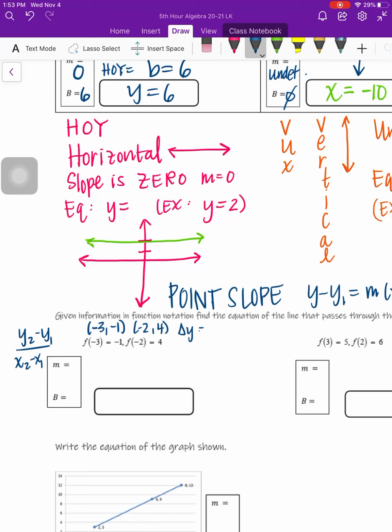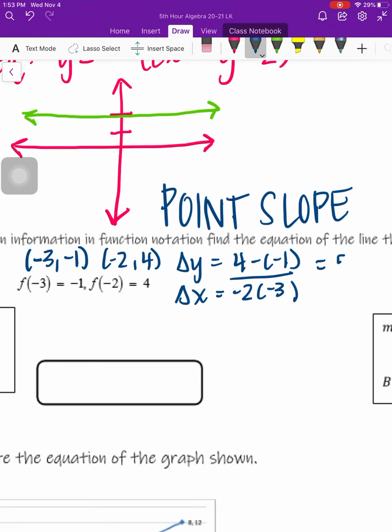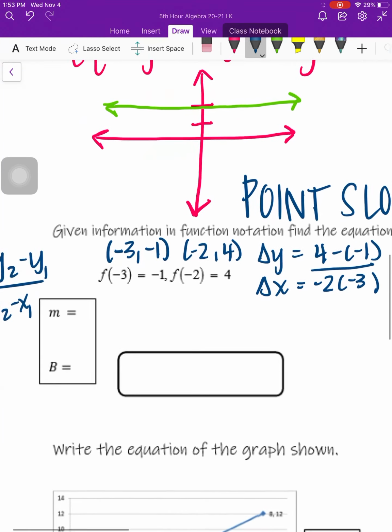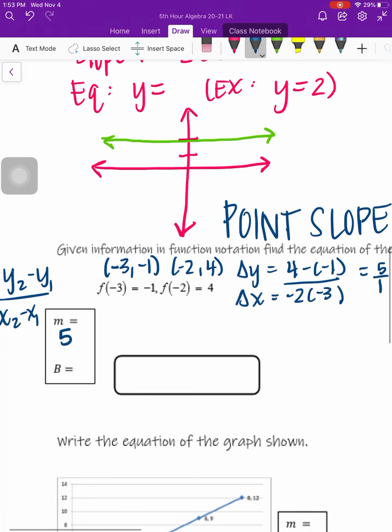And the change in y is 4 minus negative 1. The change in x is negative 2 minus negative 3, which will give me, zoom in a little bit, 5 over 1. So I know my slope is 5. I don't need to put over 1.